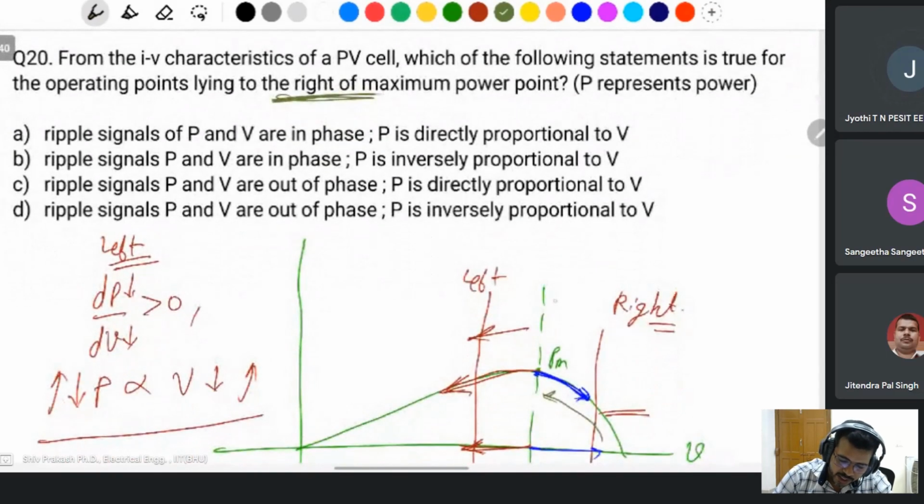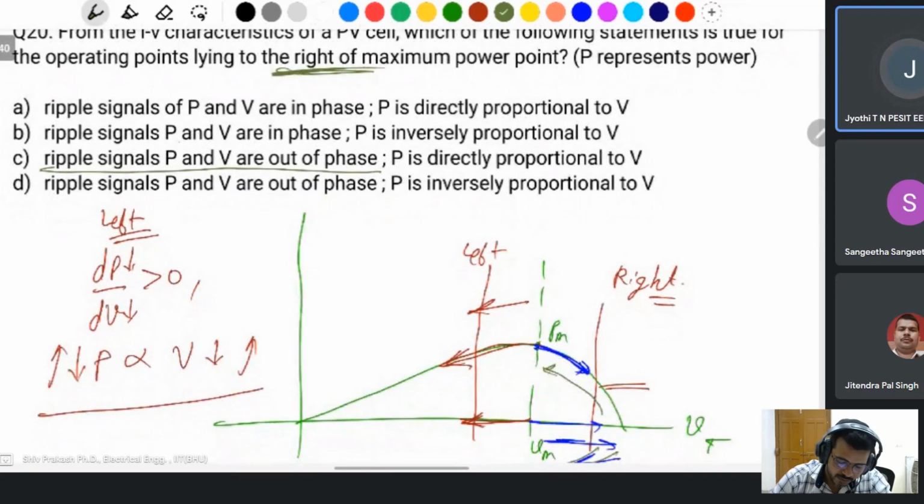This one is the maximum power point. On the right, the ripple voltages P and V are out of phase. On the left, power is decreased and voltage is also decreased. It means both are in phase. Both are in phase here on the left.